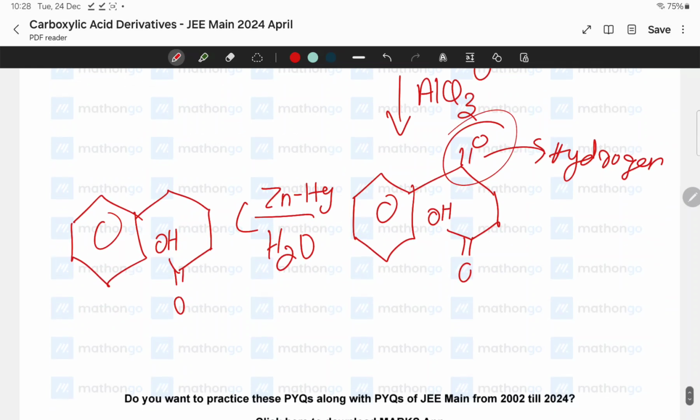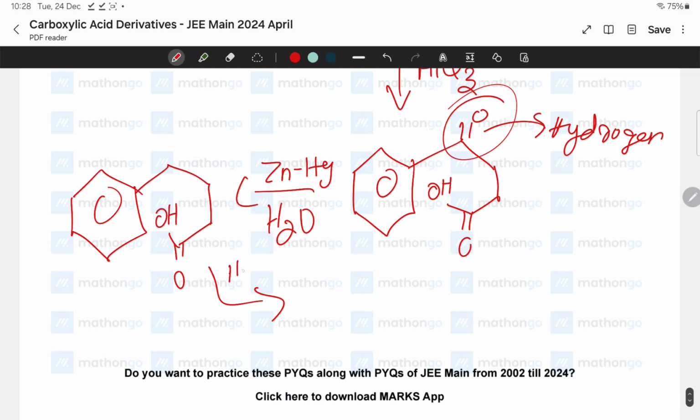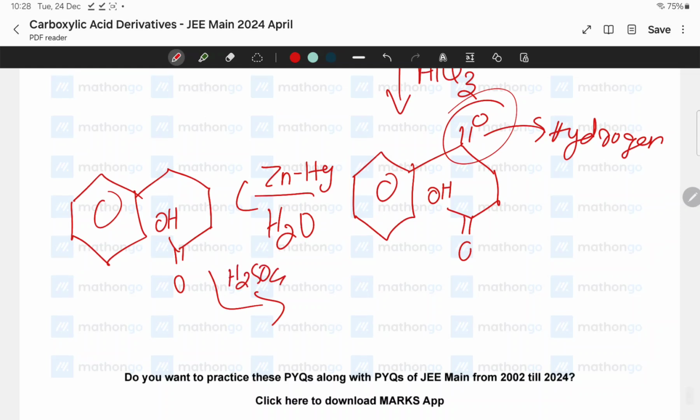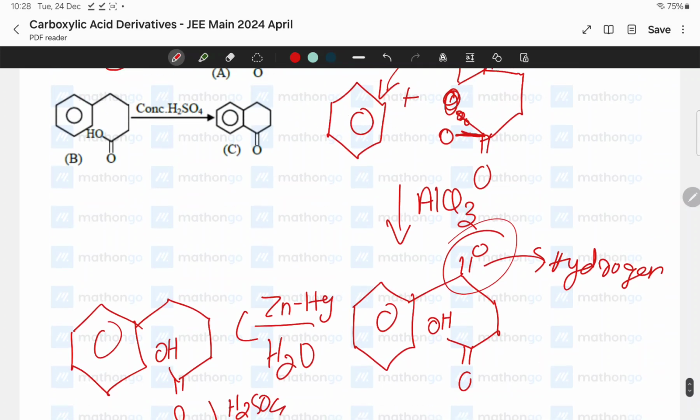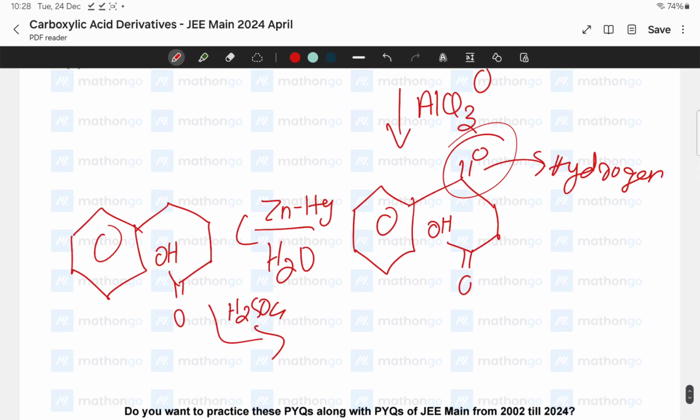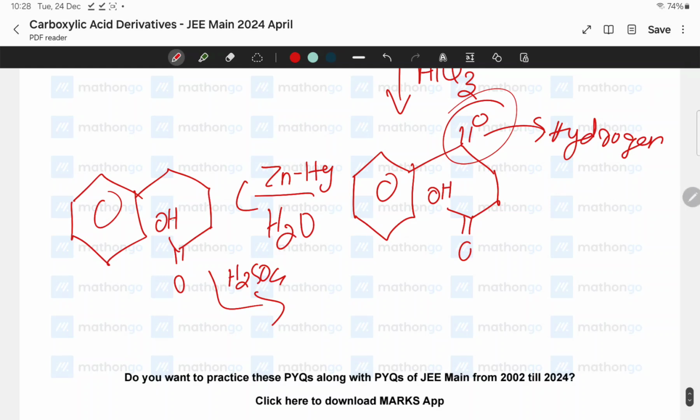Now into this we are adding concentrated H2SO4. What happens? This OH group, this H, here one H is here, right? This H2O will be escaping, and a cyclic bond will be formed.